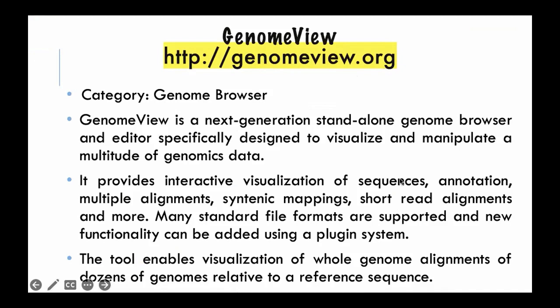You can annotate, and of course, you can also map synthetic factors, short read alignments, and more. So basically, this tool enables visualization of the whole genome alignment of dozens of genomes, and it's a very nice tool for you to consider when you're doing bioinformatics.